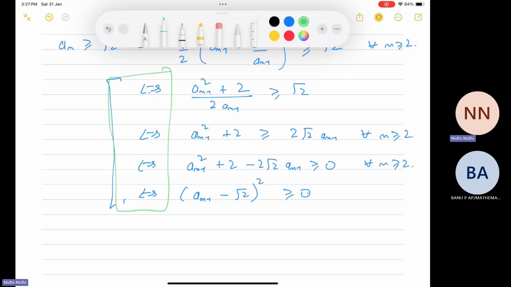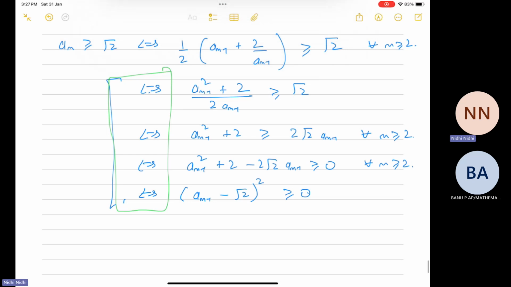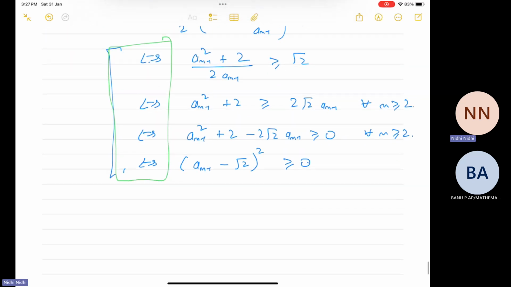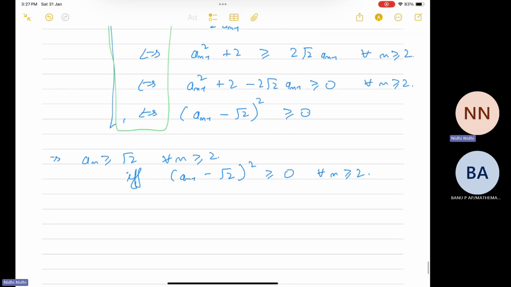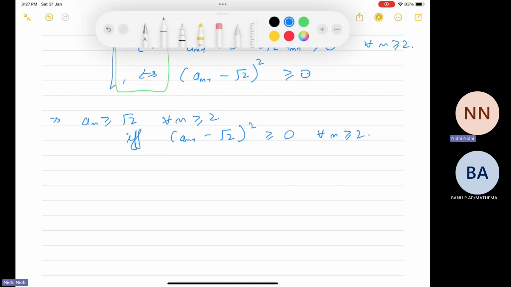This says that both the conditions occur at the same time. But basically this gives us an is greater than equal to root 2 for every n greater than equal to 2 if and only if (an minus 1 minus root 2) square is greater than equal to 0 for every n greater than equal to 2.